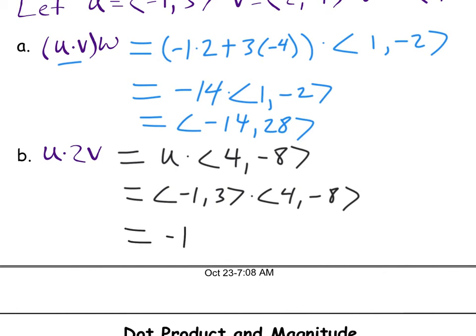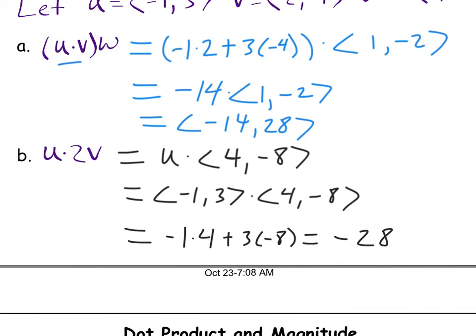Which would be negative 1 times 4 plus 3 times negative 8, negative 4 minus 24, and negative 28. Okay, there we ended up getting a scalar as our answer. All right.